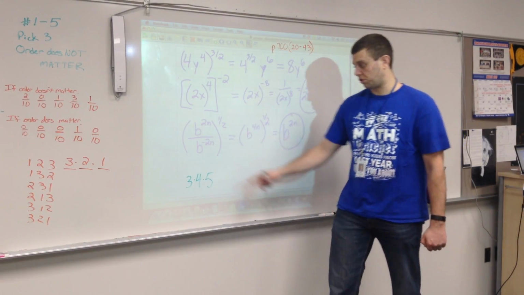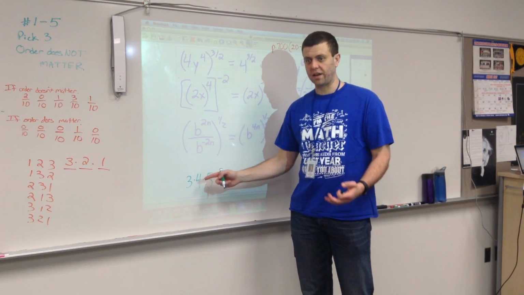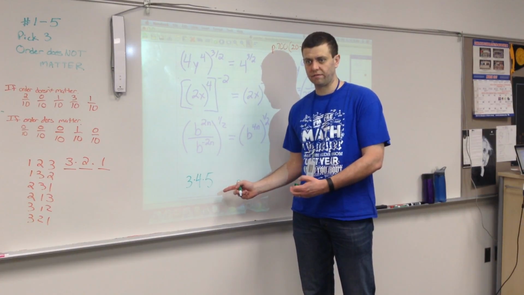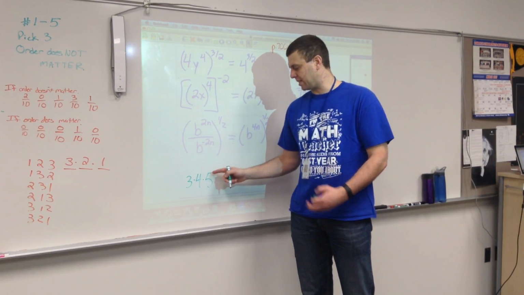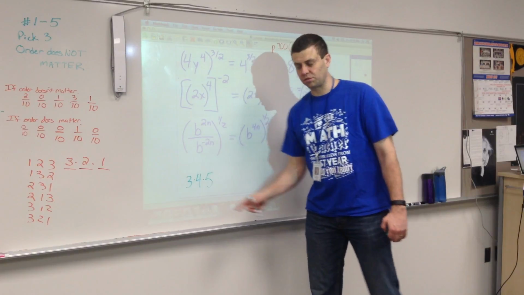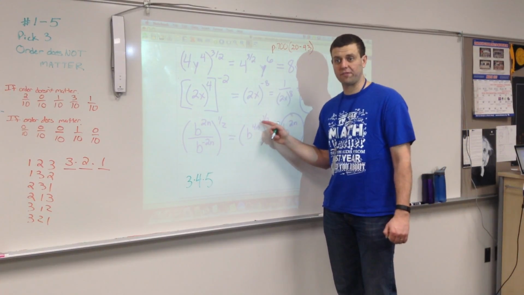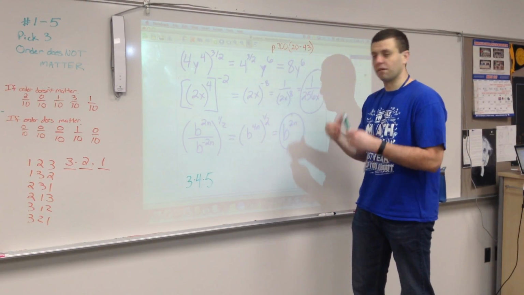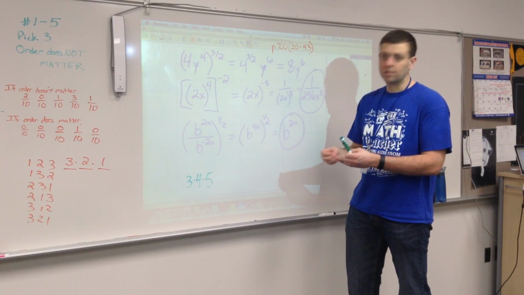No. You just take 3 times 4, get that answer, and take it times 5. So I'm not taking the half times the 4 and the half times the n. I'm just multiplying the 4 times the n times the half.